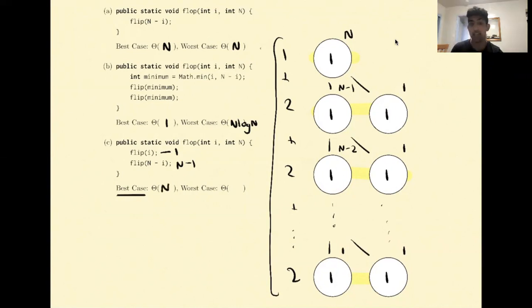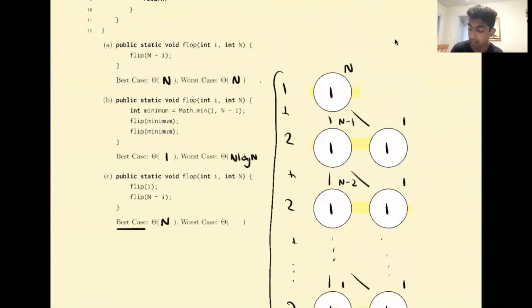So this is the best case possibility, and I'm going to quickly prove to you why this is the best case possibility. The proof is rather slick. Looking at this definition of flop and this definition of flop, the only difference is that we have one more recursive call here, right? And a recursive call can only add to the runtime of a function.